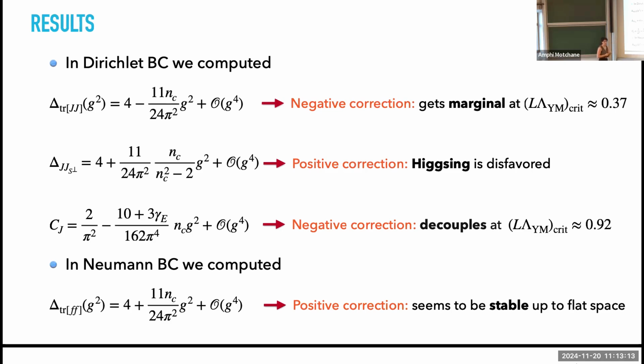And finally, we computed the correction to the current 2-point function, and we found a negative correction, which means that indeed this can get to 0. And we computed the value of lambda Yang-Mills for which C_J gets equal to 0, and we found that lambda Yang-Mills at which this happens is 0.92.